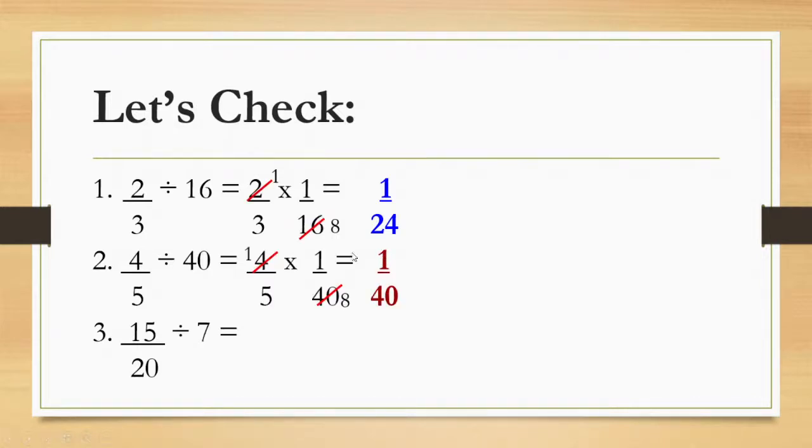And in number 2, 4 over 5 will be 4 over 5. Divide will be multiply, and 40 will become 1 over 40. So cancel 4. So 4 divided by 4 is 1. 40 divided by 4 is 10.